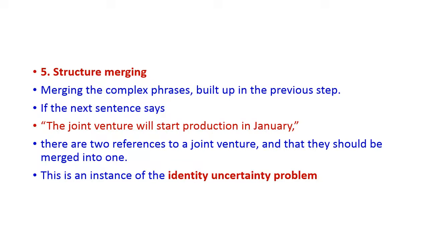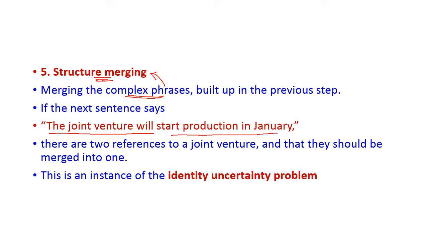The last stage is structure merging. This comes from the previous step, that is, merging the complex phrases. Merging the complex phrases is called structure merging. So in the given sentence, the joint venture will start production in January.